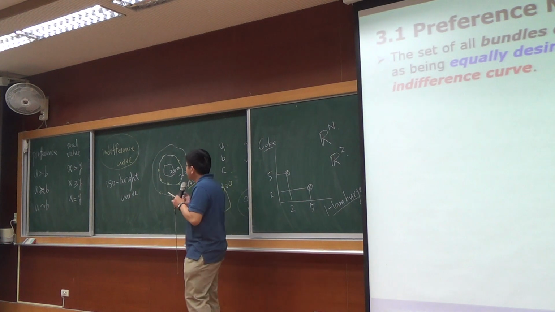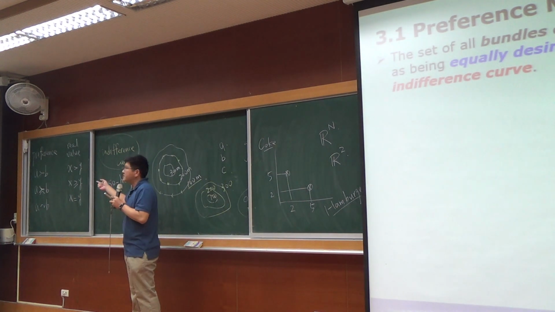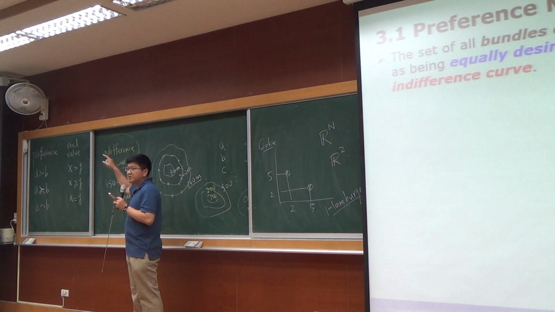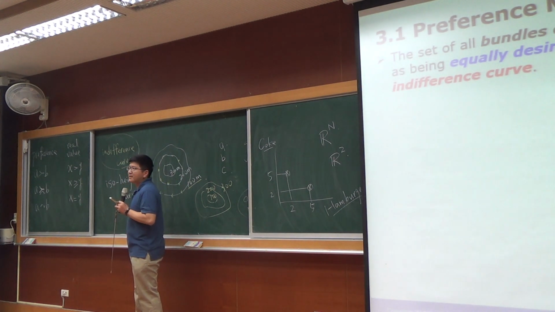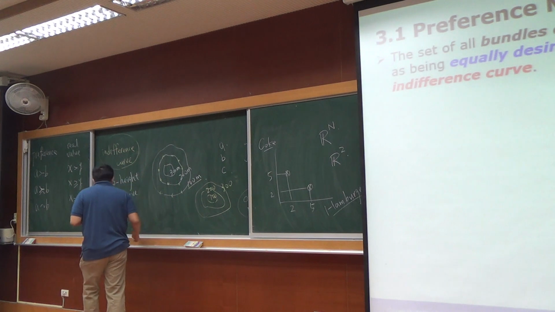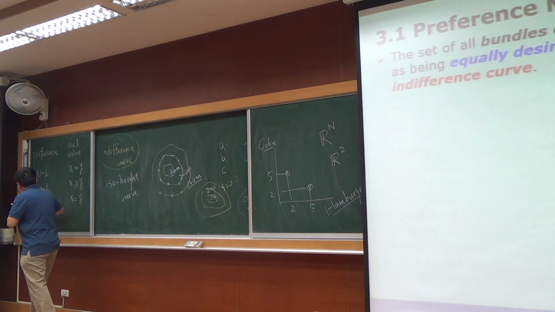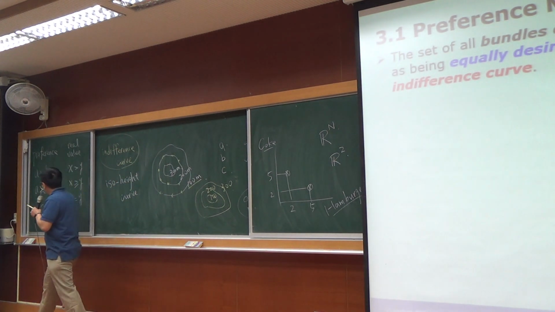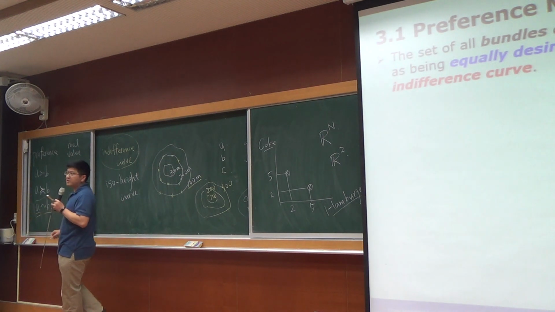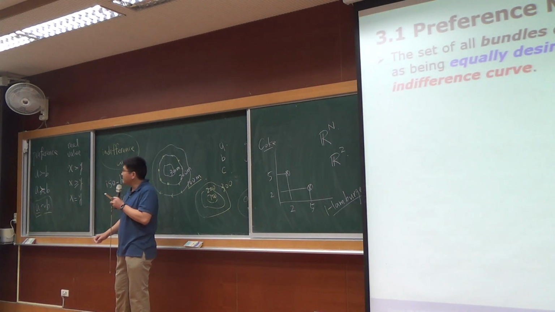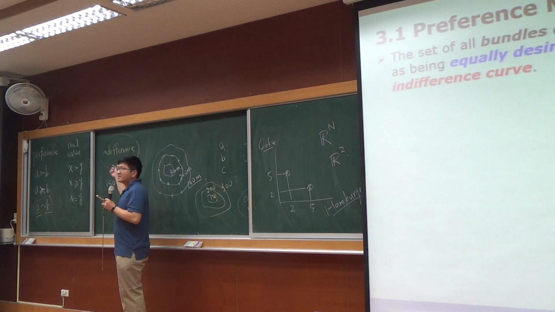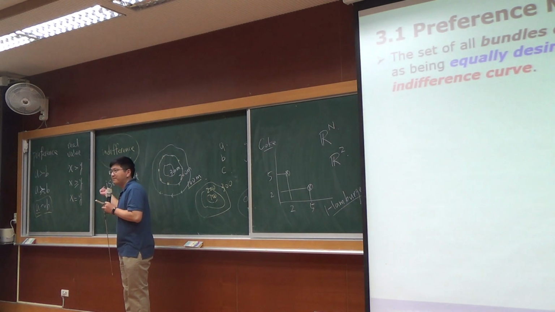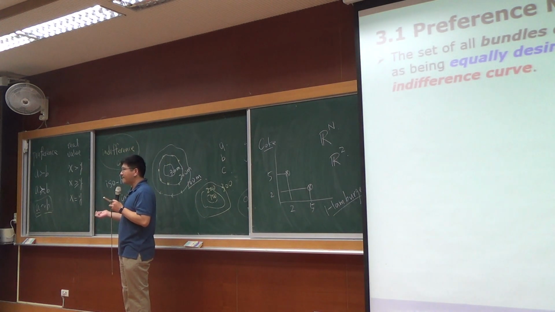So we may regard these points on the same indifference curve as indifferent. Remember, we say A is indifferent to B, right? If A and B are indifferent to us, which means A and B will be located on the same indifference curve. Is that clear to you?